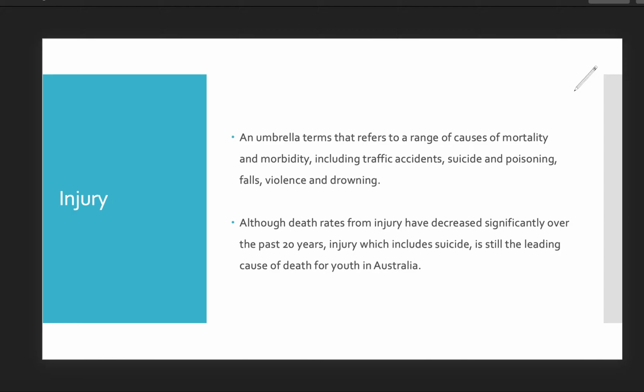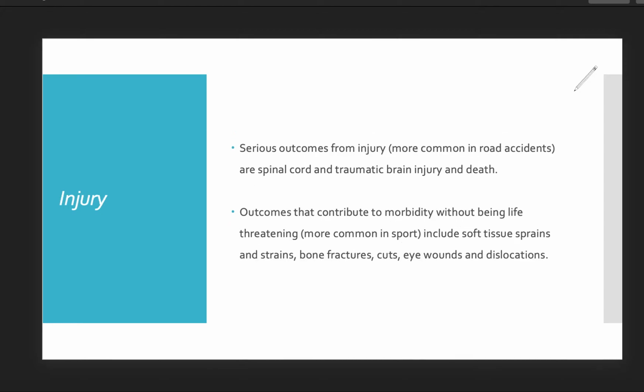And this is not right. We need to look at what is going on here and how we can help the youth within Australia feel comfortable, strong, and confident enough that this will decrease and ultimately disappear and not be an issue. Don't forget to take notes about what injury is.